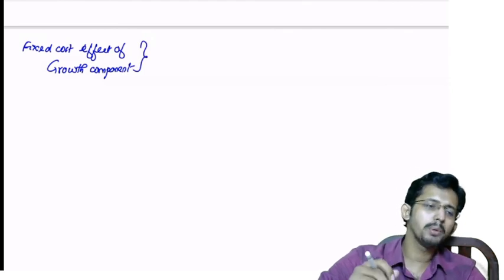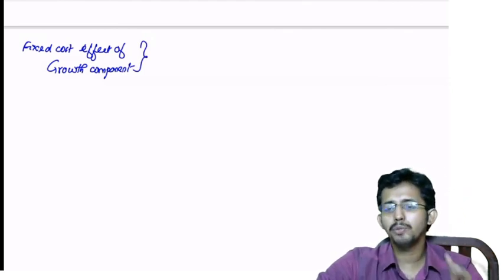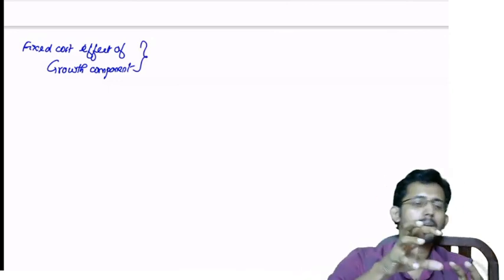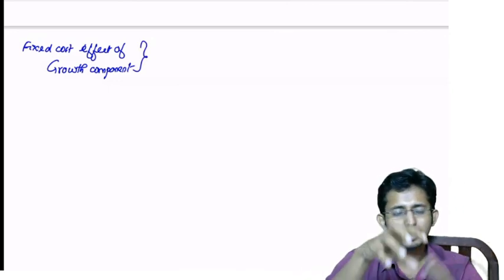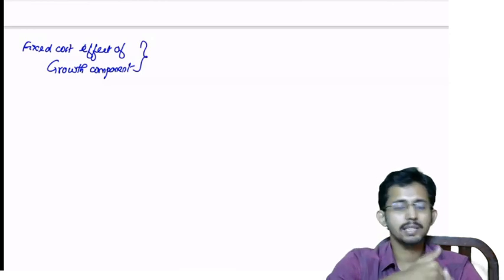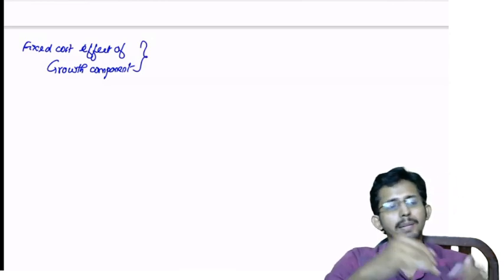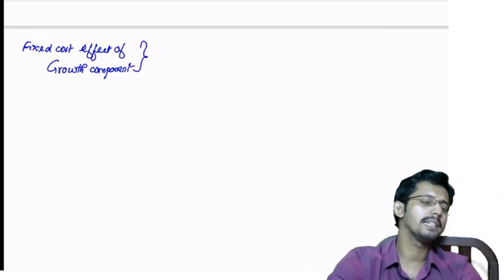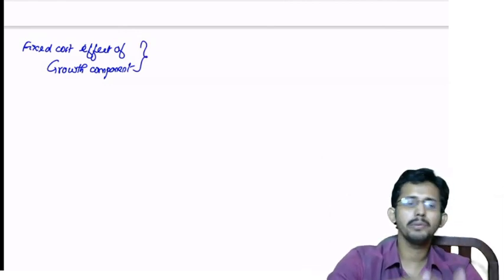Any computation of fixed cost depends upon two factors. Factor number one, whether sufficient spare capacity is available in the current year to accommodate the variance in the production. That means the volume increase from 1 lakh to 1,20,000, so a 20,000 increase compared to the previous year.